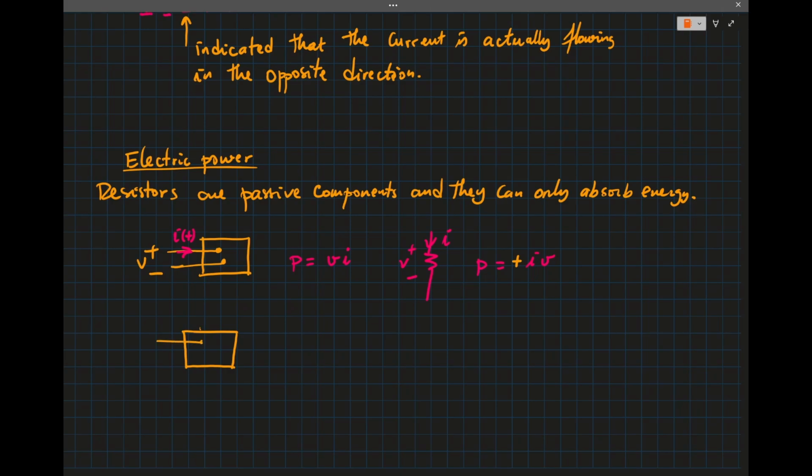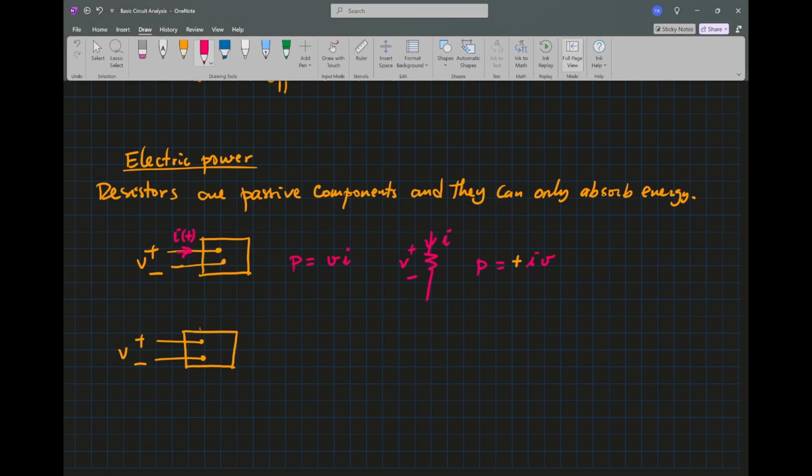So let's say that we have this scenario where we still have the polarity of the voltage as such, but the direction of the current is this.